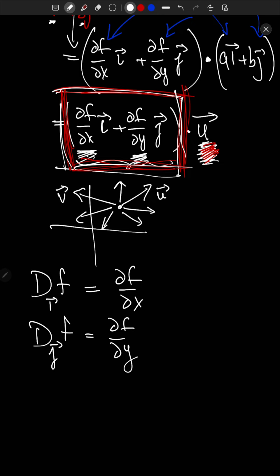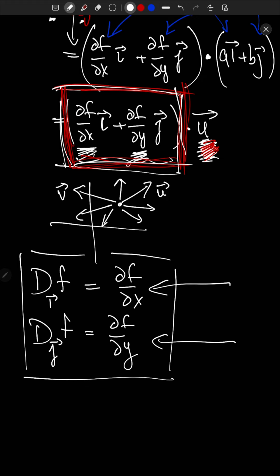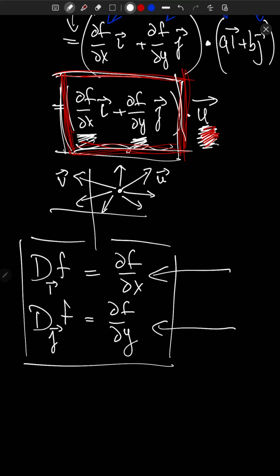So it's kind of a small thing, but it's important to note that the directional derivative plays very well with the idea of the partial derivative. They're compatible when you're talking about change of f in the x direction or in the y direction. The two concepts of derivative are compatible.